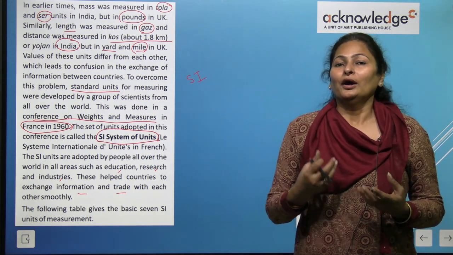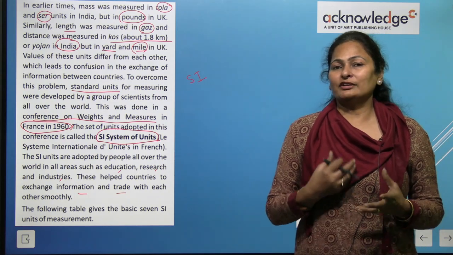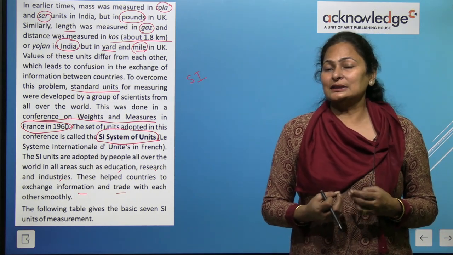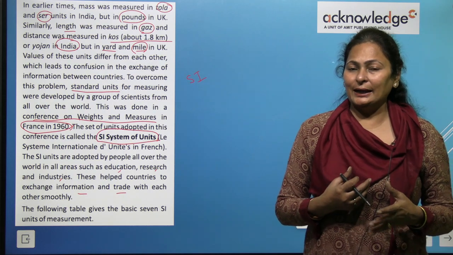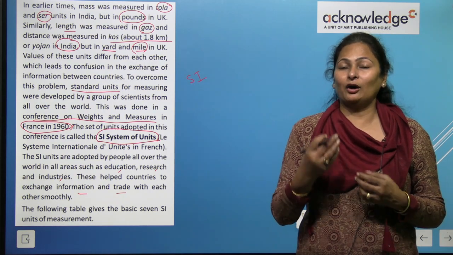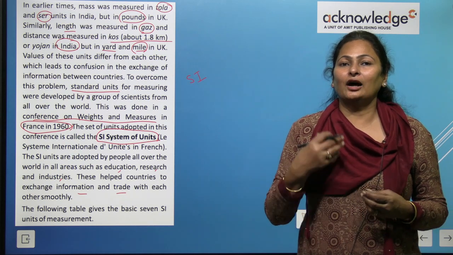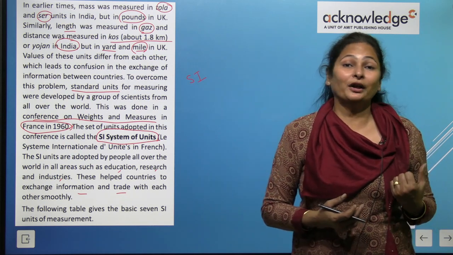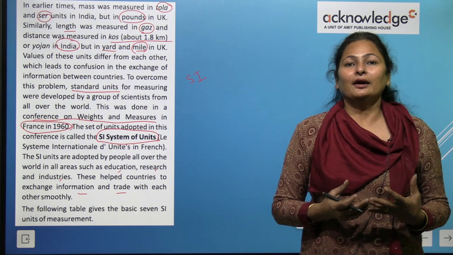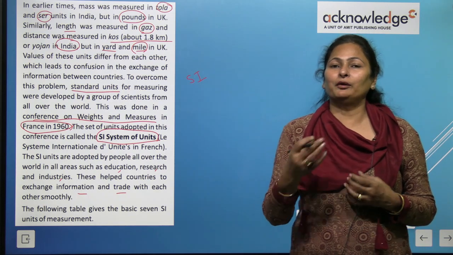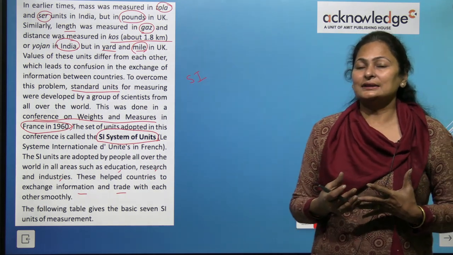Just think about it: if this system of measuring, the SI method, were not there, how would we have been trading between different countries, exporting and importing things? It would have been very difficult to trade between the countries, right?